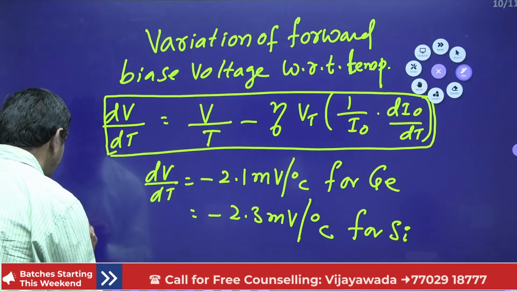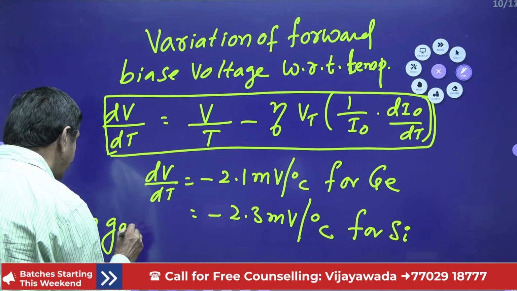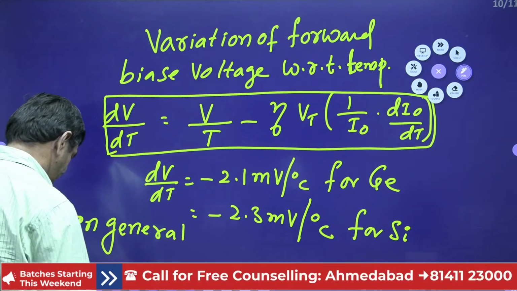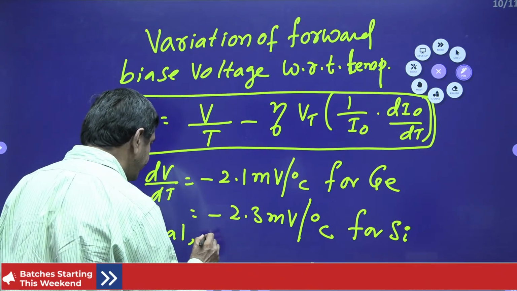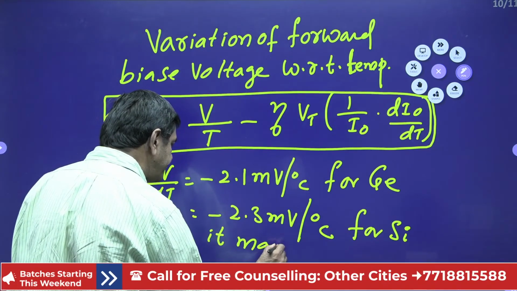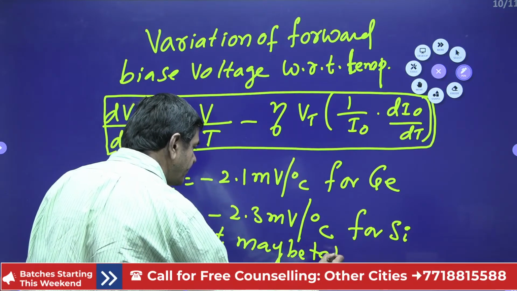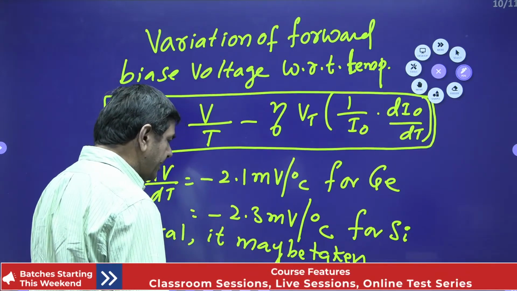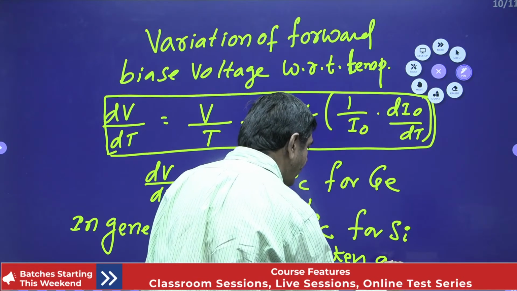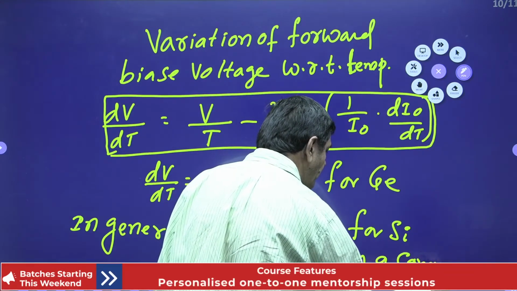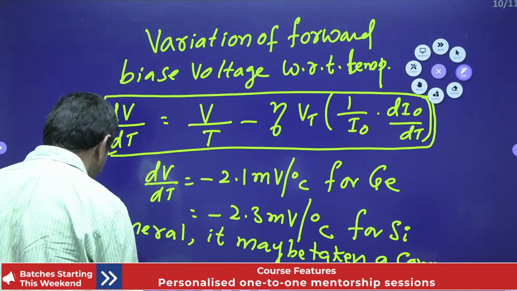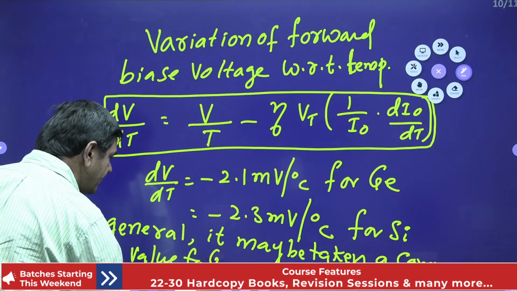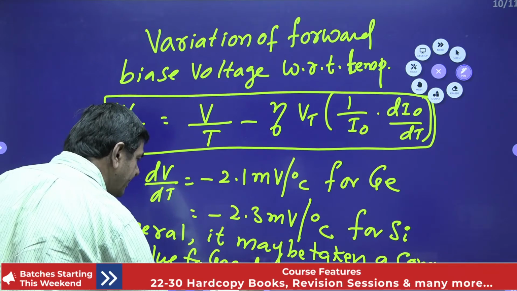In general, these are approximate values. It may be assumed as a common value for germanium and silicon.